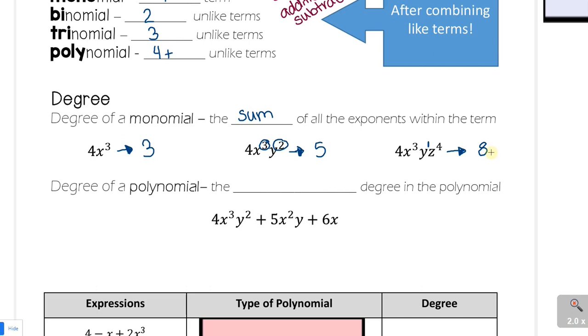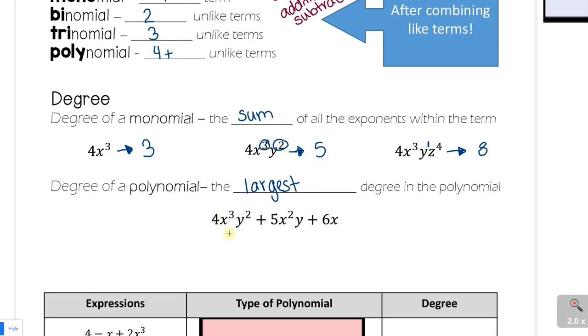If we're talking about the degree of a polynomial, we need the largest degree in that polynomial. So you're going to look at the degree of each term, and then it's going to be the largest.